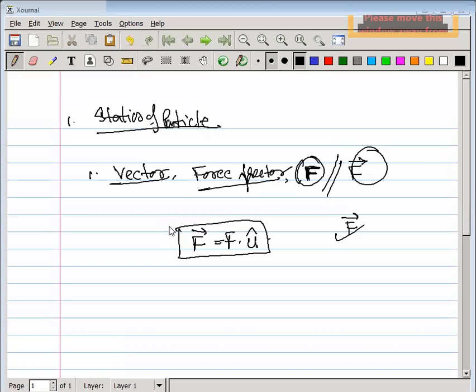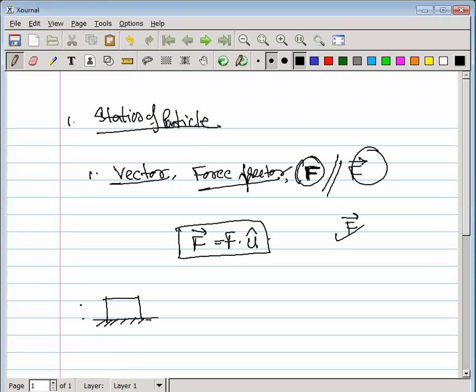In the resolution of forces, it means, suppose you have one force vector applied on a body. If we apply a force vector, and suppose you apply another force here, suppose this is F2, and this is F1. So what should be the resultant force acting on this body? It means the summation of two force vectors.